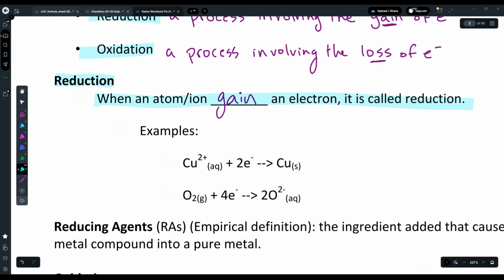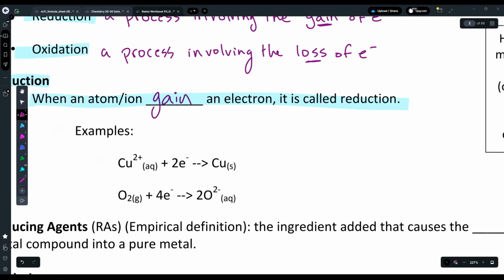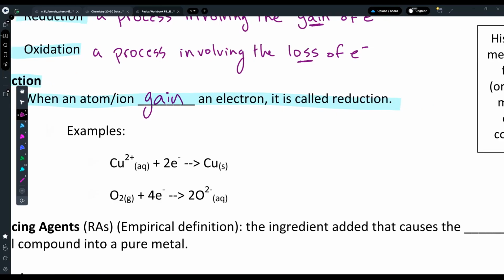So some examples of reduction: we have copper 2+, and it gains 2 electrons to become copper solid. It's important that when you're reading half reactions such as this, if you see electrons on the reactant side, they're being gained.